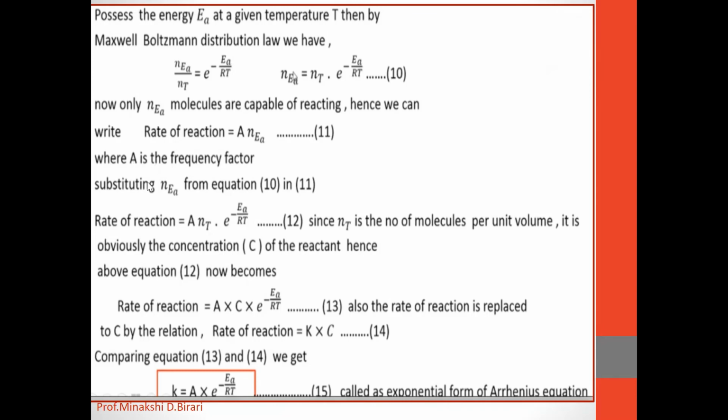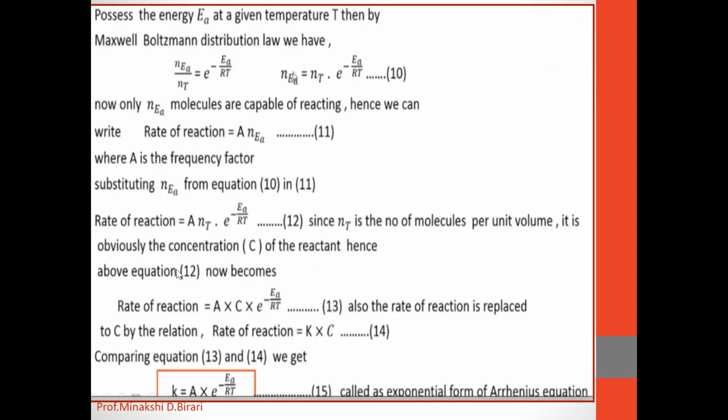Then substituting NEa from equation 10 in equation 11, we get rate of reaction is equal to A into NT into e raised to minus Ea upon RT. So this one is equation number 12. Since NT is the number of molecules per unit volume, it is obviously the concentration C of the reactant.